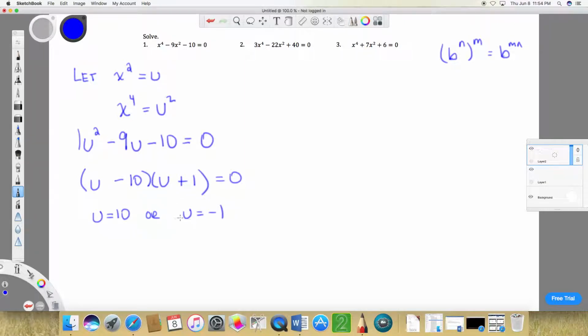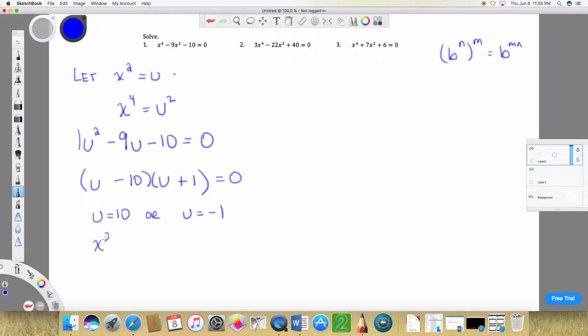But now we have to remember that the original problem did not ask us to solve this for u, it asked us to solve it for x. So we come back up here and we substitute back to our original variable, which was x. Everywhere I see a u, I know that's equivalent to x squared.